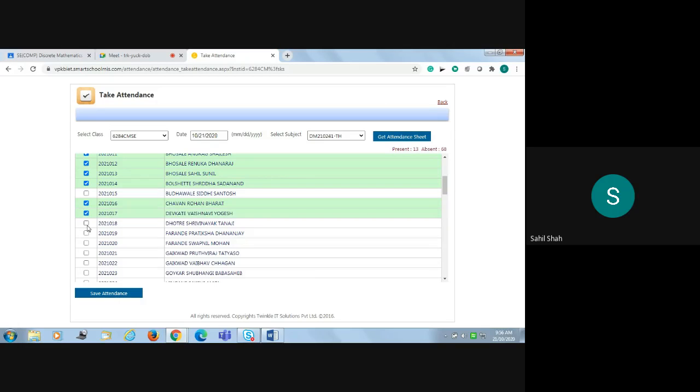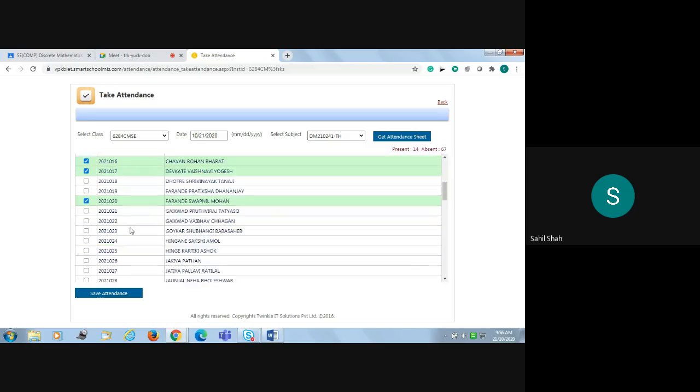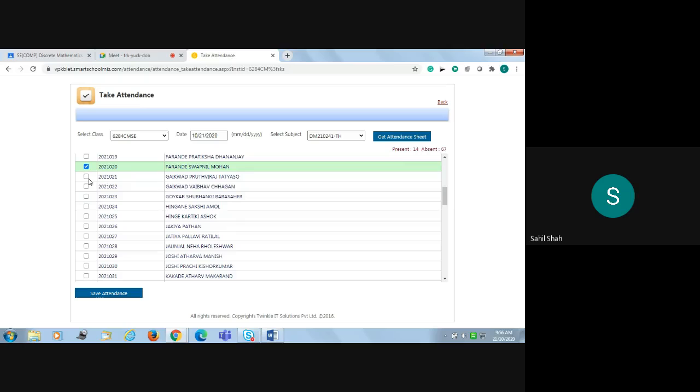Dhotre Sri Vinayak. Swapnil Farande present. Gaikwad Prithviraj is also present. Goikar Shubhangi.